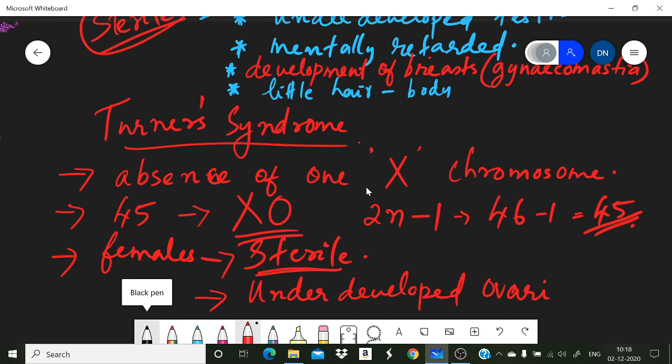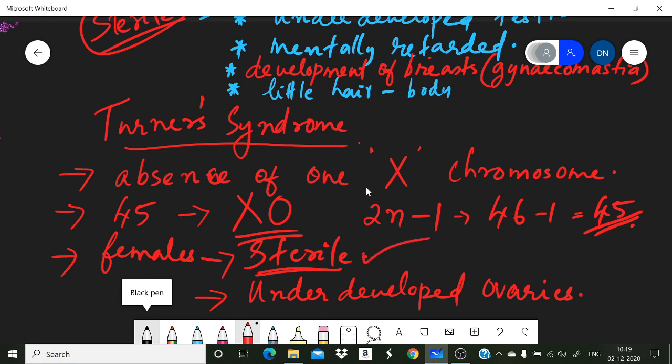Hence it may interfere with their oogenesis. There won't be any ovum formation, and that is why such individuals will be sterile.